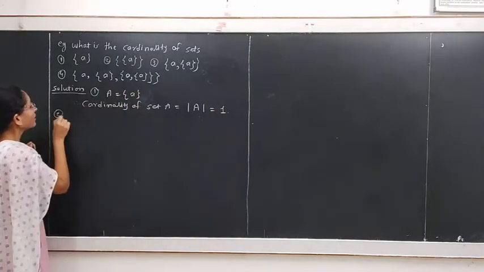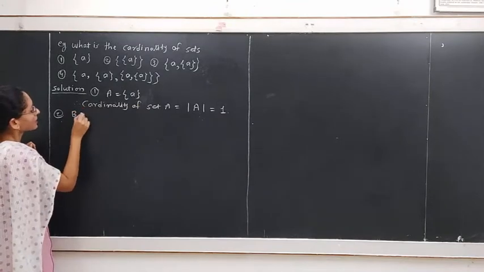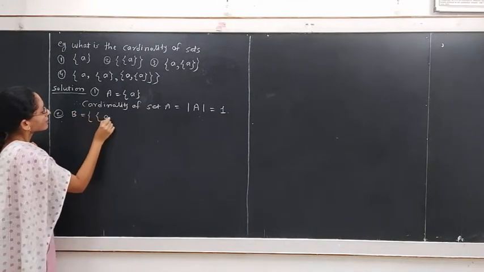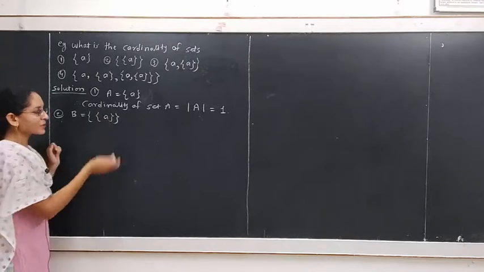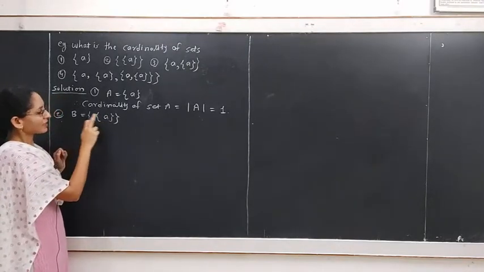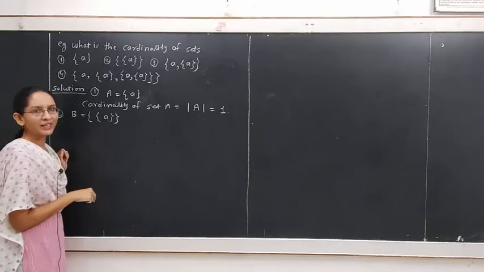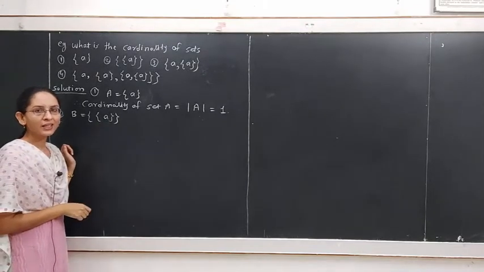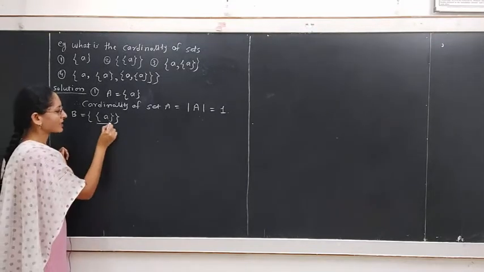In second example, the set B is given as a set consisting of the set A. Now B consists of again only one element, and that element is of the type of set.